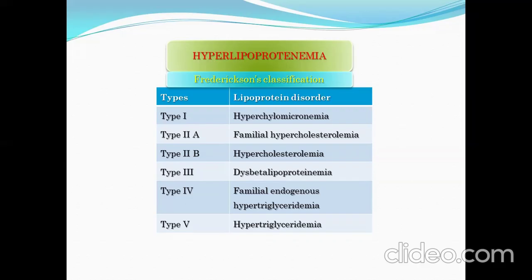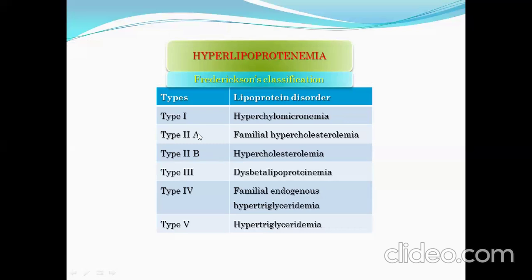And these are the different types of classification of hyperlipidemia, which we call Fredrickson's classification: type 1, type 2A, type 2B, type 3, type 4, type 5 hyperlipidemia. So in type 1, what is the lipoprotein disorder? Hyperchylomicronemia, so increased chylomicrons in the blood.